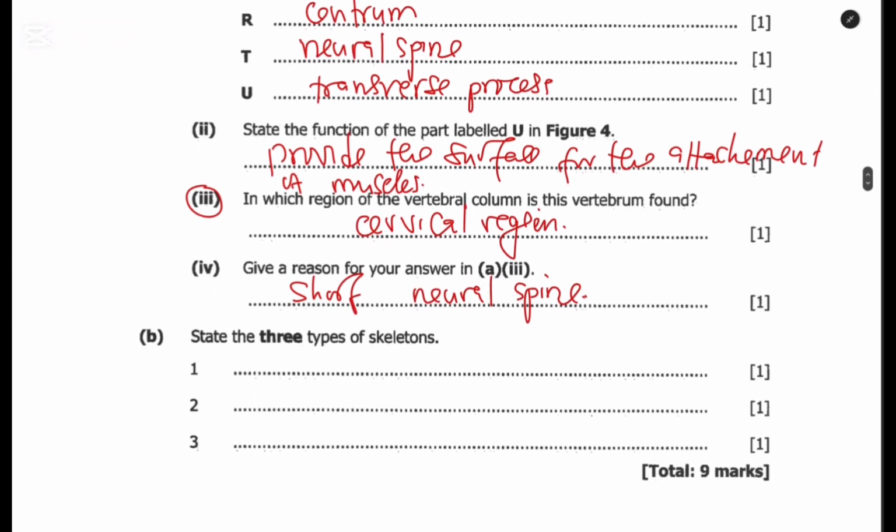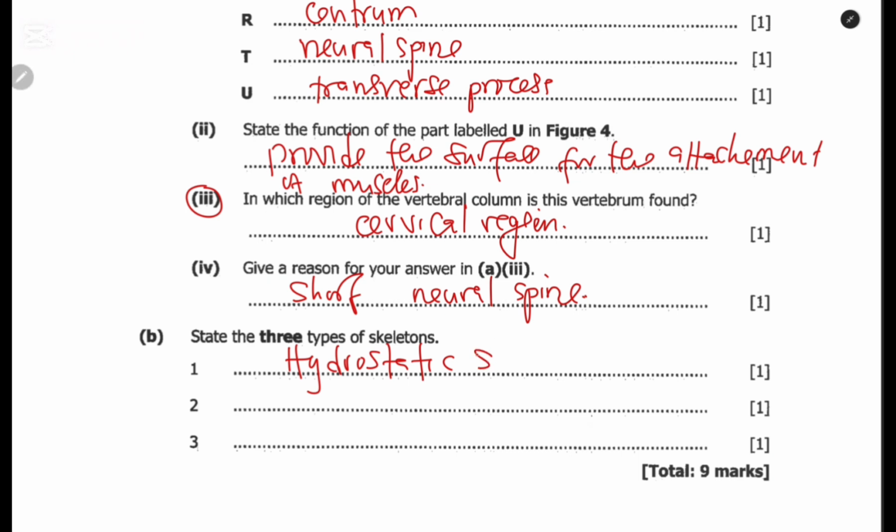State 3 types of skeletal system or skeletons. So we have what we call hydrostatic, and you need to give examples of each. As you go through yourself, you're not just supposed to go through the questions and get the answers, but make sure you go further to look at some more information, to know what is coming.